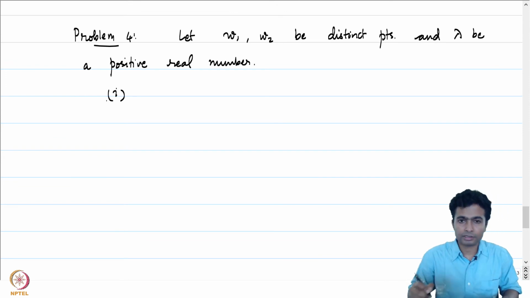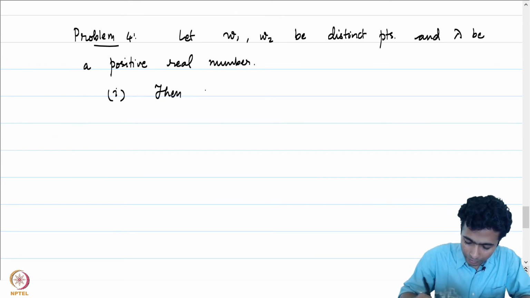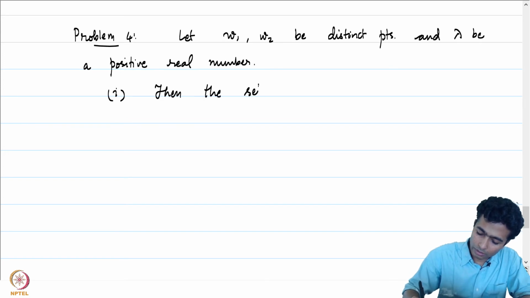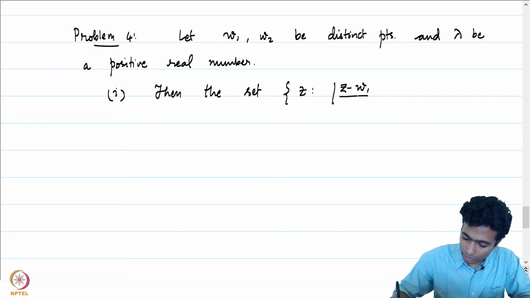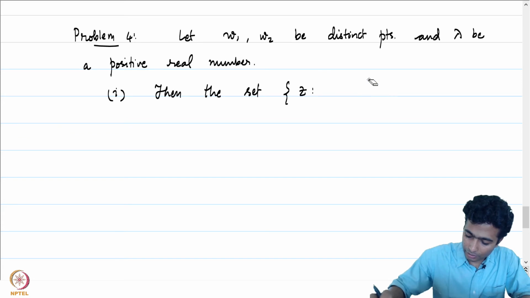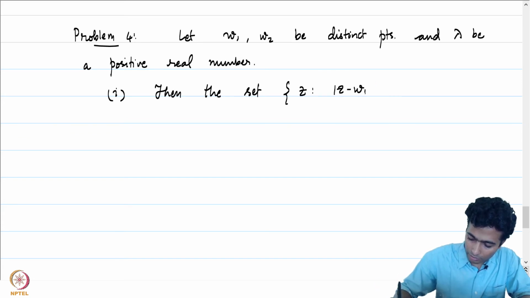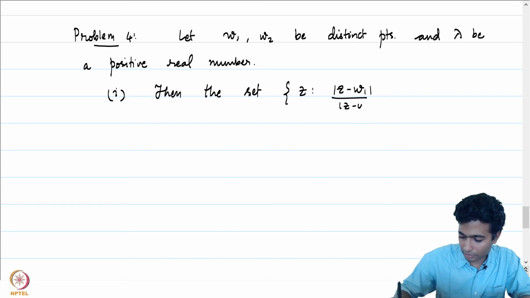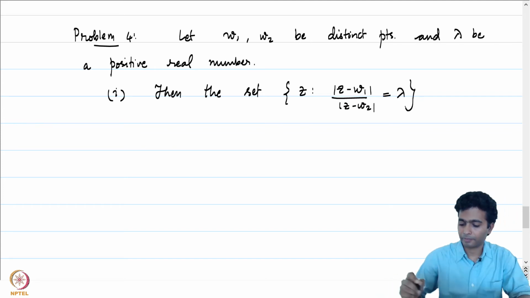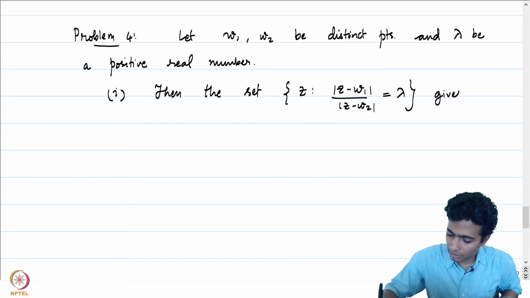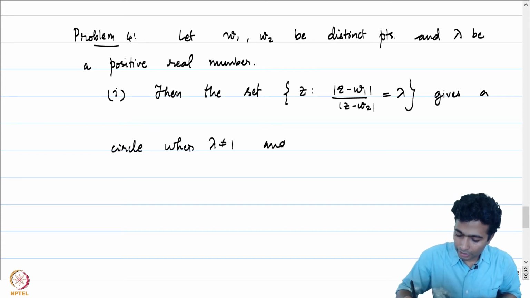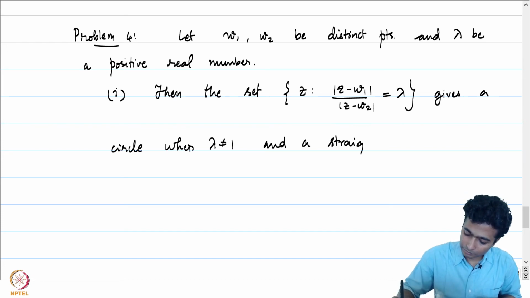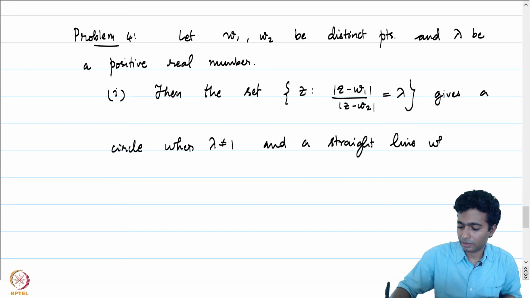The first part of the problem tells us that the set of all z such that the absolute value of z minus w1 by the absolute value of z minus w2 equals lambda gives a circle when lambda is not equal to 1 and a straight line when lambda is equal to 1.